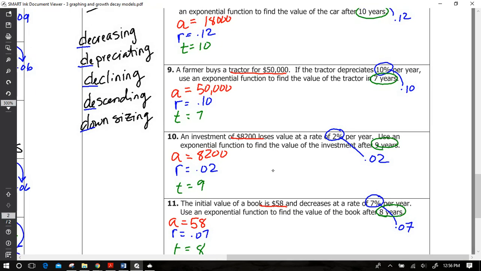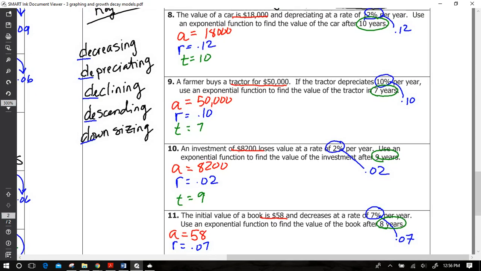Once you've had a minute to kind of evaluate what this information is, and then ask Miss Brown any questions that you haven't quite understood where I got my information from, then I want you to pause the video again, and I want you to write all of the equations for all 4 of these. So when you're ready, go ahead and pause the video again and start step 2, which is writing the equations.